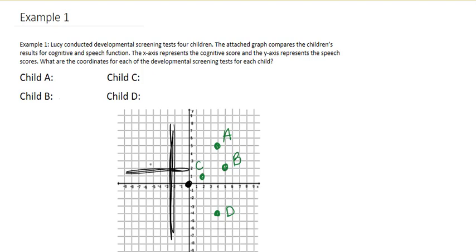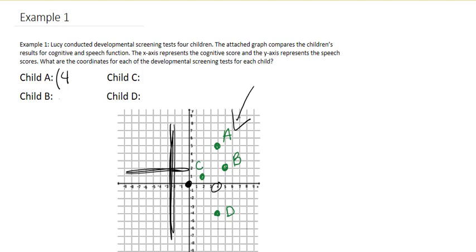So we're going to look at the horizontal first because that's the x-axis, and that's the number we get first. So we look at the x-axis and notice that there's a 4. So that 4 is what we write down because we have to move over 4 spots on the x-axis to get to A, which is right there.